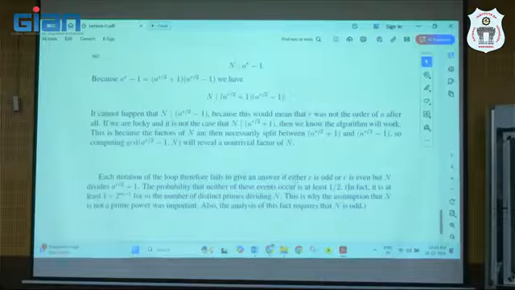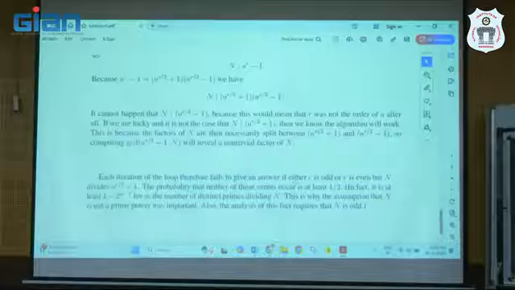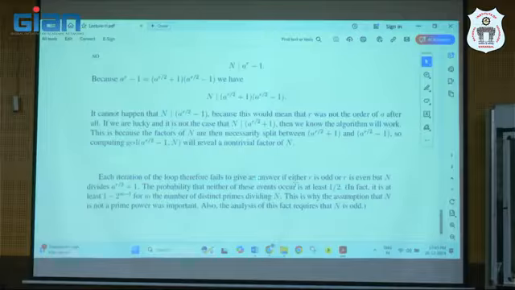So this is a number theoretic argument, separate. In fact, the probability that none of these bad events occur is at least 1 minus 1 over 2 to the m minus 1, where m is the number of distinct primes dividing N. That is the reason why we are choosing N to be not a prime power, so that m is at least 2.